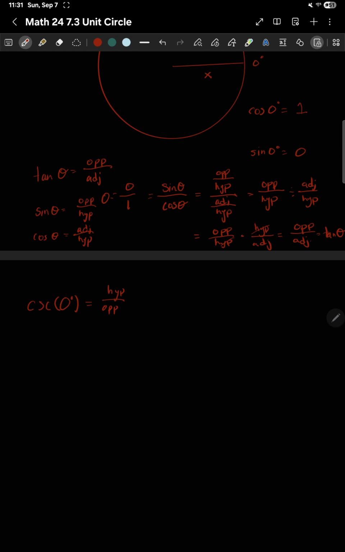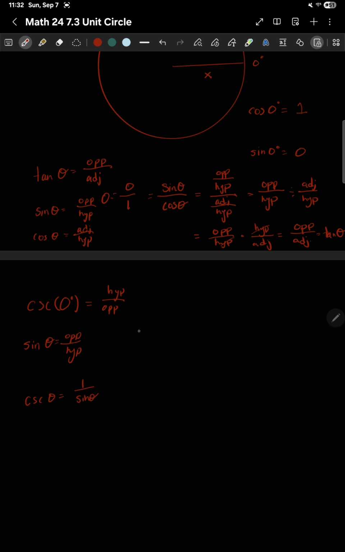But also, another way to think about cosecant is since sine of theta is just opposite over hypotenuse, cosecant is sine flipped, right? So we can write cosecant of theta as 1 over sine.